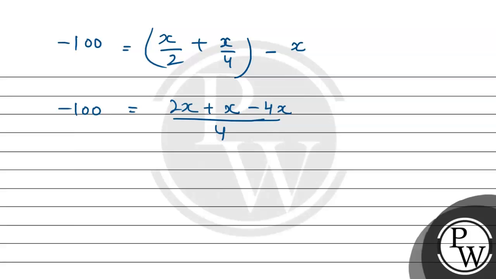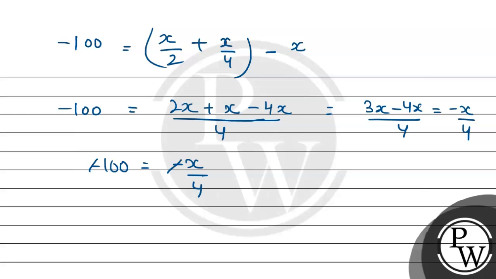So 2x plus x is 3x, so ये आ गया हमारे पास 3x minus 4x divided by 4. So 3x minus 4x, but 4x बड़ा है तो minus का sign रहेगा, so it will be minus x by 4. So ये हमारे पास आया minus 100 is equal to minus x by 4.